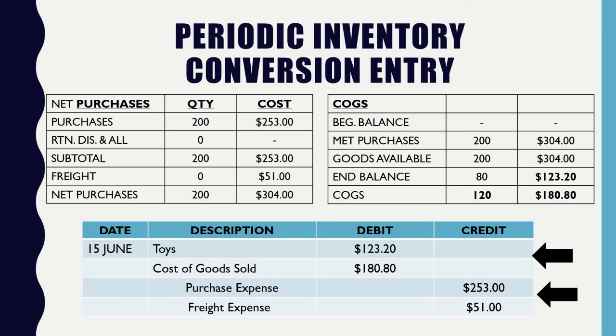Then we're going to recognize our purchase expense. Our total purchase expense was $253, and our total freight expense was $51. In the end, you're going to notice that your debits are equal to your credits. And just look at where all the information came from.